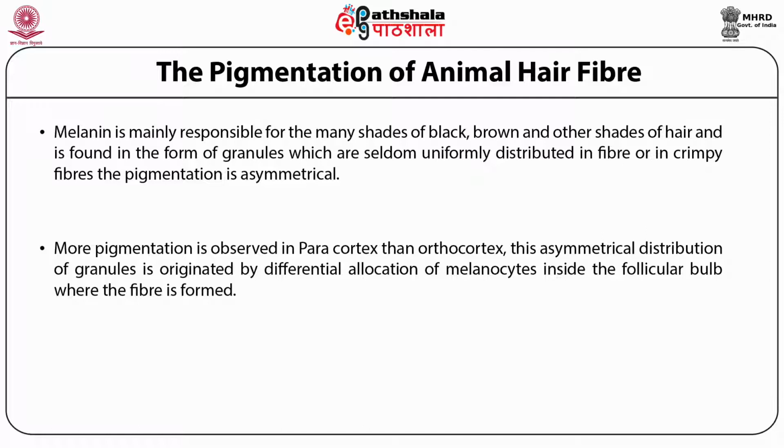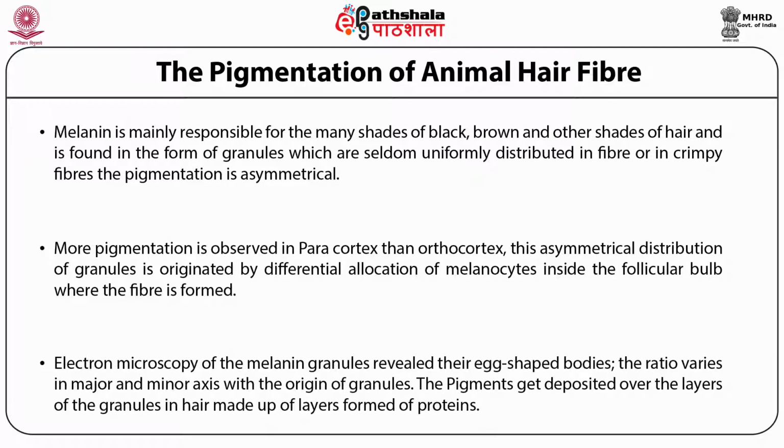Electron microscopy of the melanin granules revealed their egg-shaped bodies. The ratio varies in major and minor axis with the origin of the granules. The pigments get deposited over the layers of the granules in hair made up of layers formed of proteins.